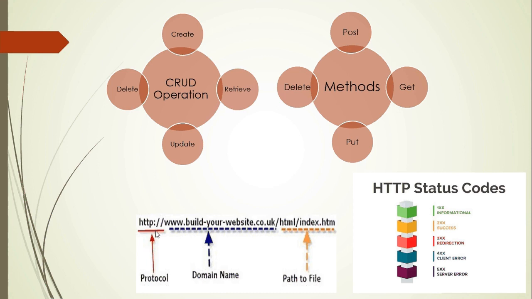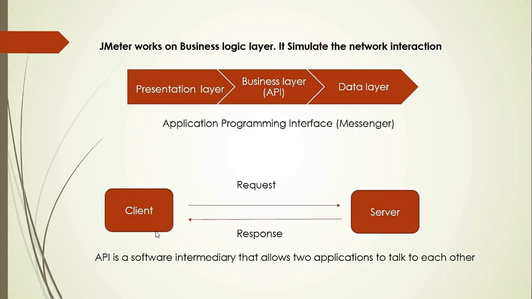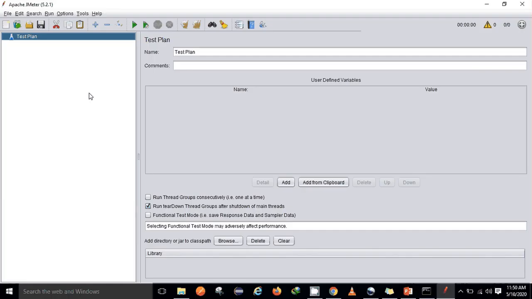So after having the basic knowledge of CRUD operations, the methods which we will be dealing with, the URL breakup, status codes, and the API, we can jump into JMeter. To perform CRUD operations, the basic things which I need are the test plan, which is already added. After that I need a thread group, HTTP sampler, and a listener.